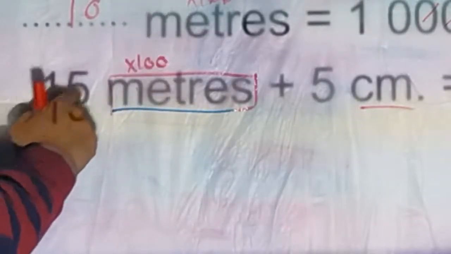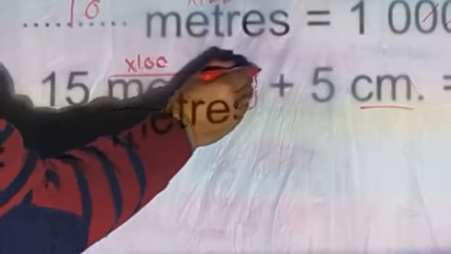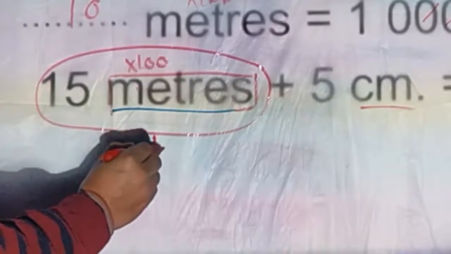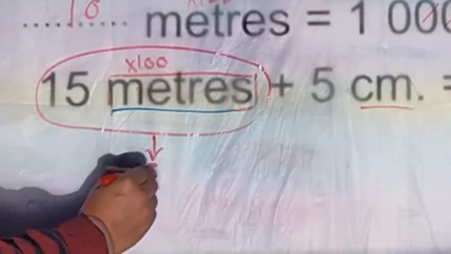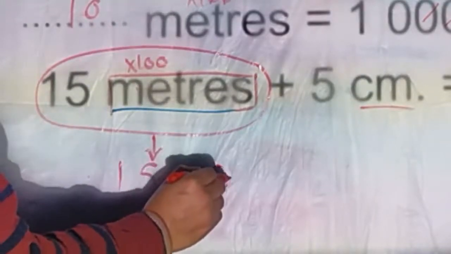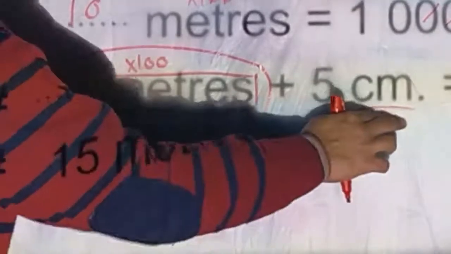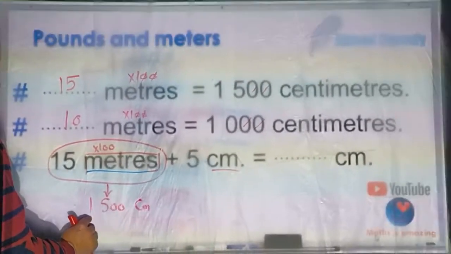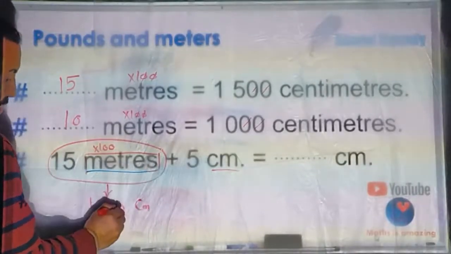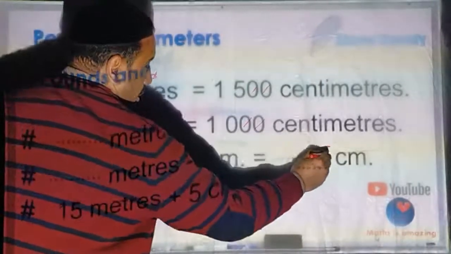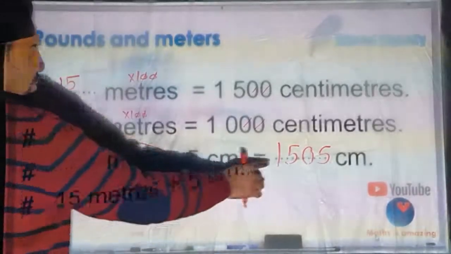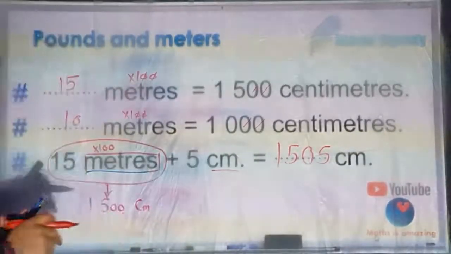It will be 15 times 100. This will be its value, 1500 centimeters. Then we can add centimeter to centimeter. It will be 1500 plus 5. 0 plus 5 is 5. And complete the rest of the number. It will be 1505.